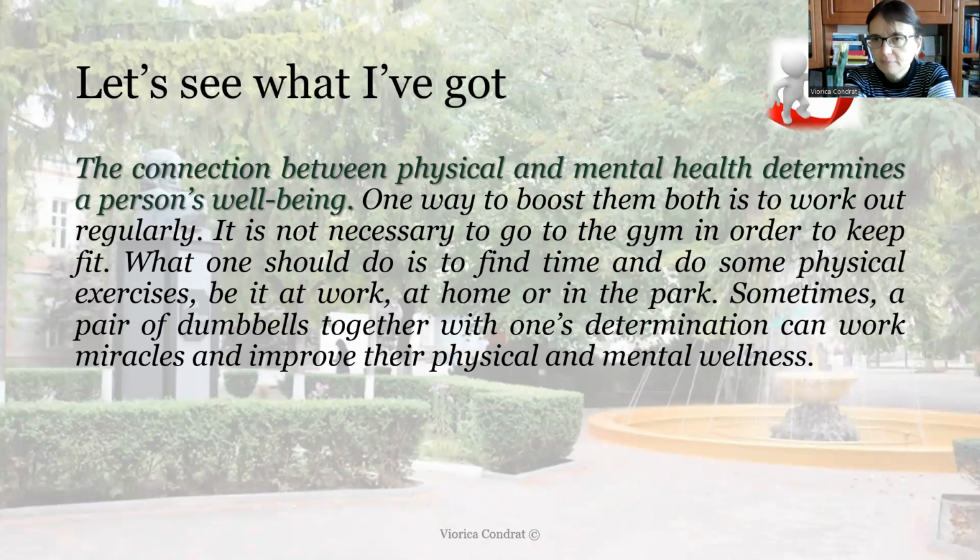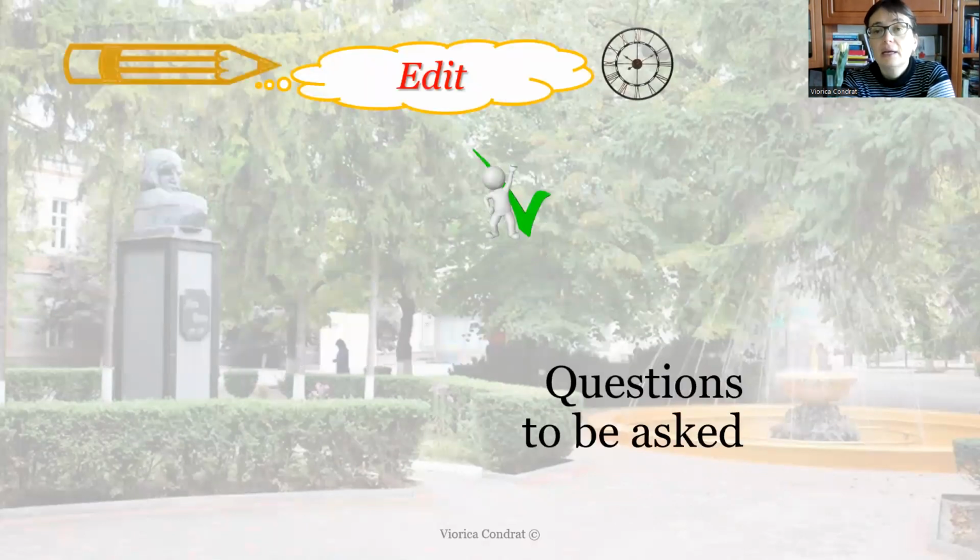So the topic sentence, which is the first sentence in this paragraph, right, is developed in the follow-up supporting sentences, and I somehow managed to conclude what I wanted to say in the last sentence.